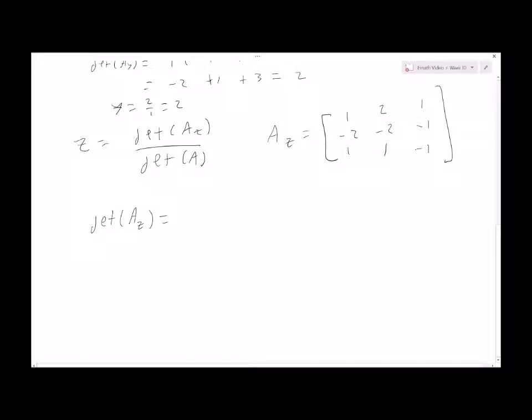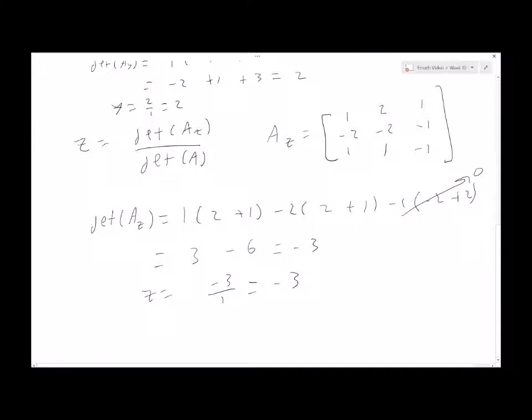It would look like 1 times 2 plus 1, minus 2 times 2 plus 1, minus 1 times negative 2 plus 2, so this goes to 0. So this would equal 3 minus 6, which is negative 3, so z would be negative 3 over 1, which is negative 3.